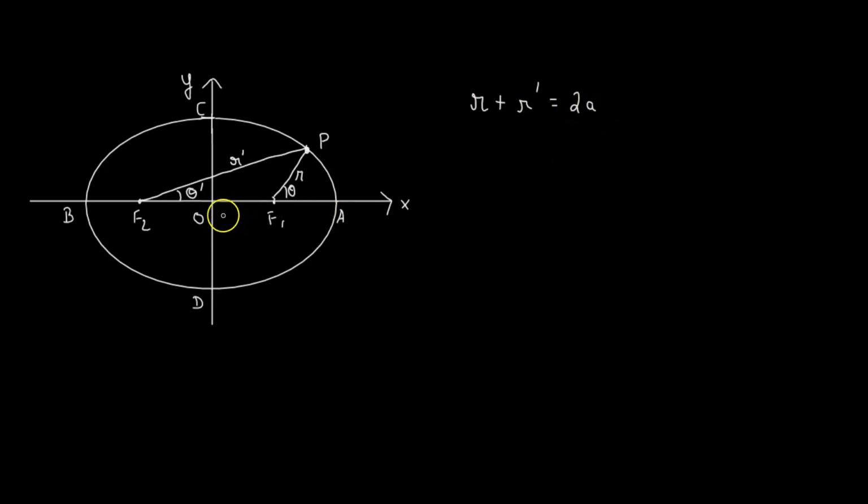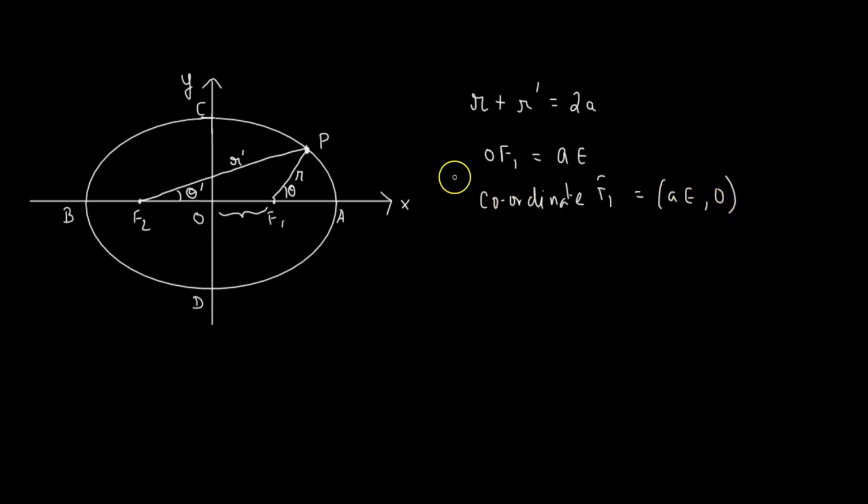Then we have this particular length, the distance of the focus, OF1. This equals a times epsilon, where epsilon is the eccentricity, and the coordinate of this particular point f1 is simply a epsilon comma 0.